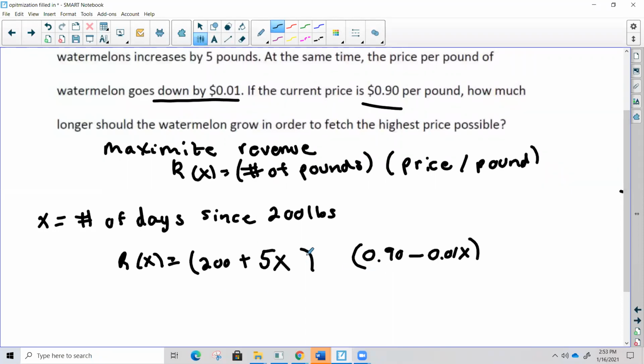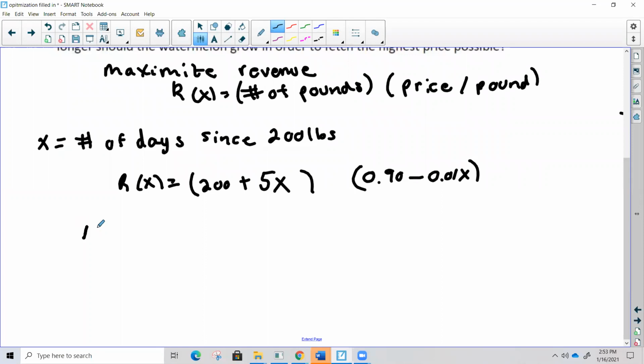You can either multiply it out or do product rule to find the derivative. And since the other ones I've multiplied out, I'll just do product rule for this one when I'm doing the derivative. So before I do that, I'm going to define my two pieces.